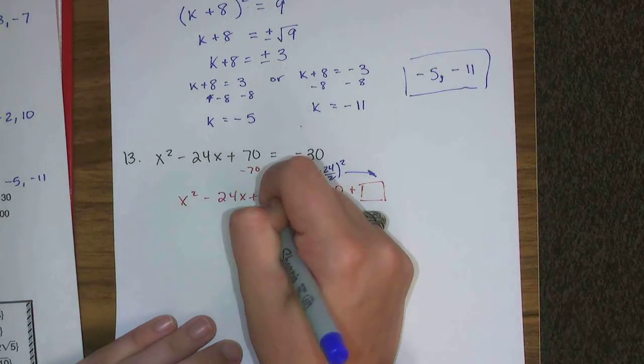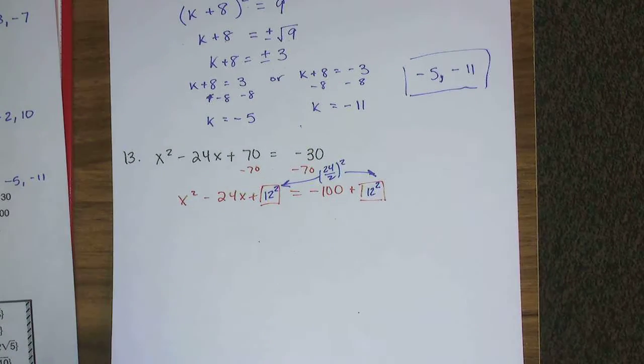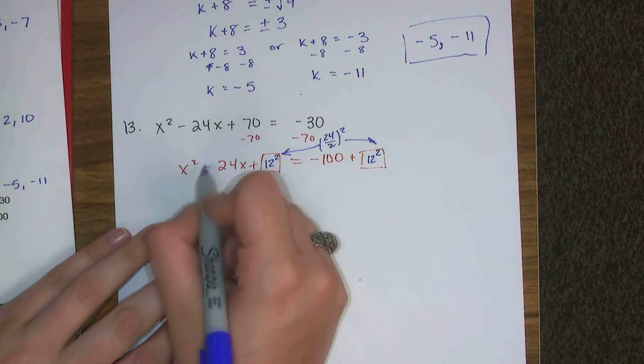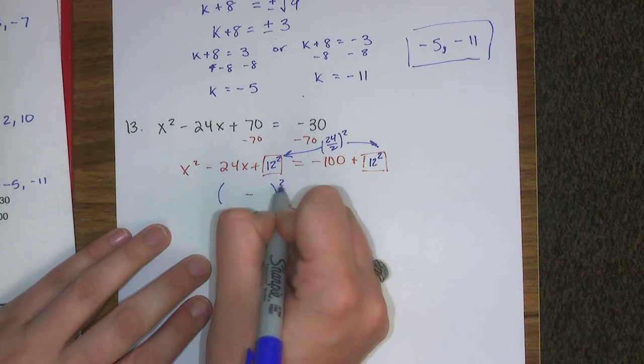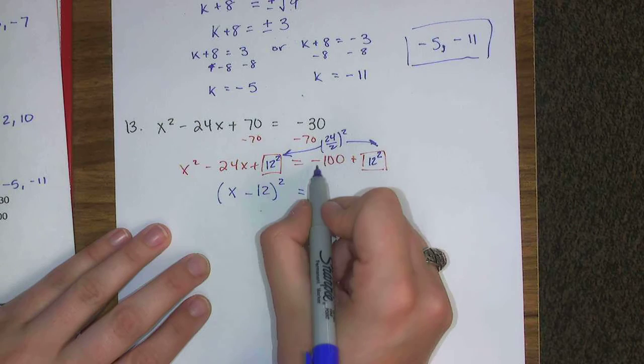So now, over here, this is a minus sign, so it's going to be a minus in the middle, all of it squared. X, it's 12. Now, negative 100 plus 12 squared, which is 144. So negative 100 plus 144 is just 44.